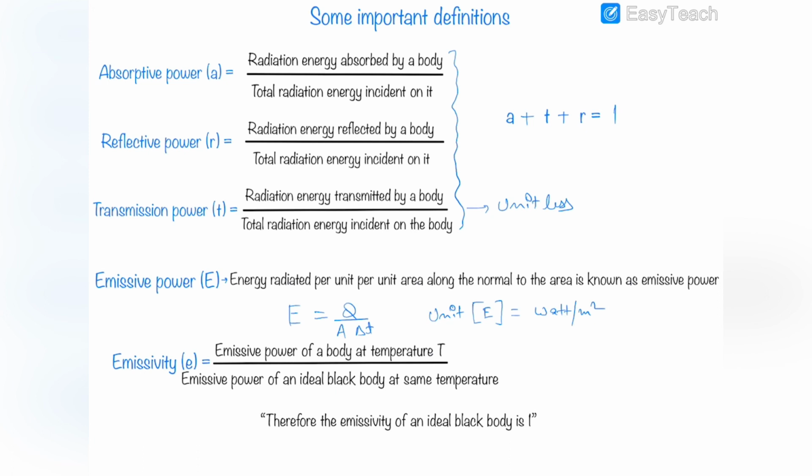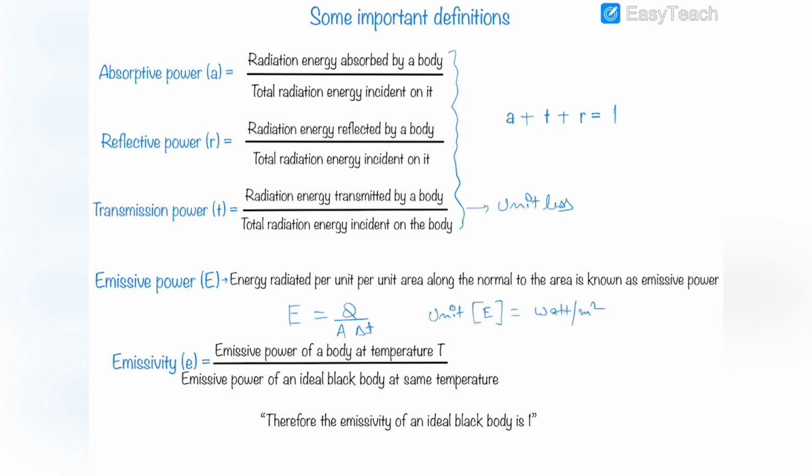Okay. Now similarly, reflective power is the amount of radiation energy which is reflected by a body upon the total amount of radiation energy which is incident on it. You must carefully notice that the word I am using here is reflected, not radiated. Radiation is a different process.